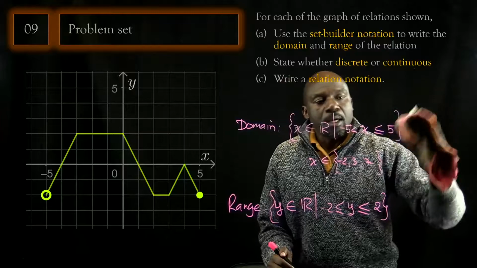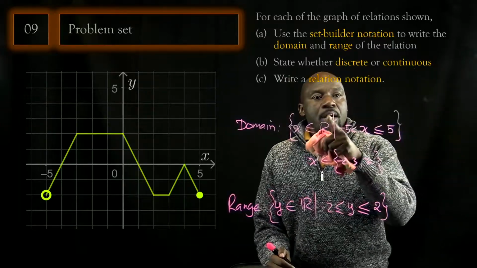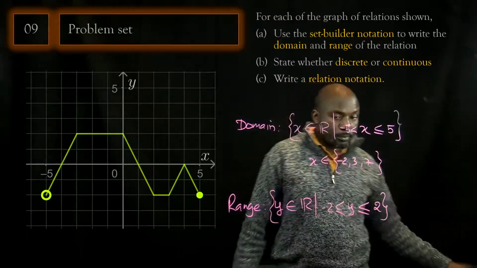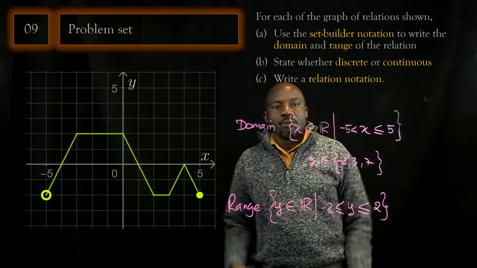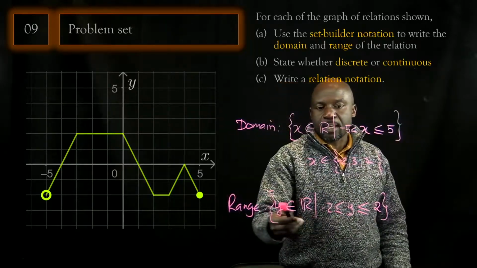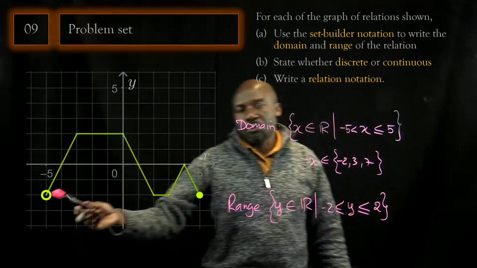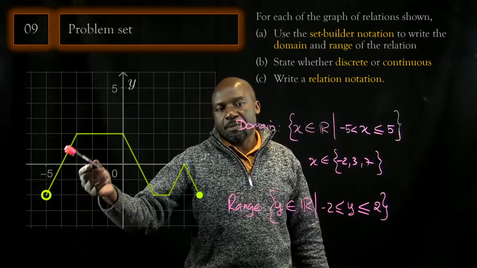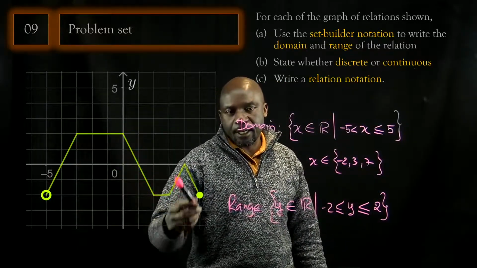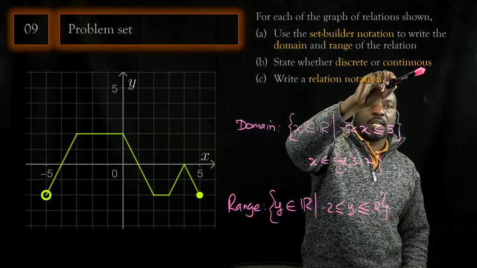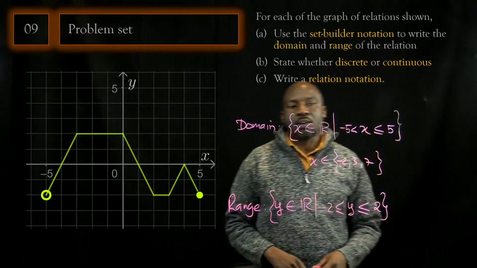Let's look at another one. What else is there? Write a relation notation. Because you can see that the points are joined by complete lines like that, this relation is actually continuous and not discrete.